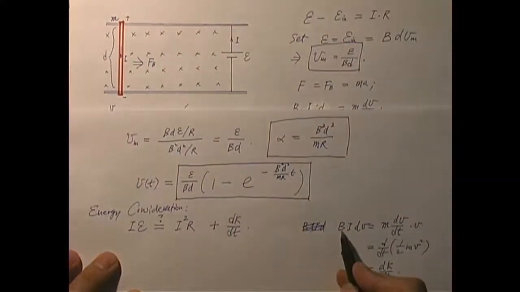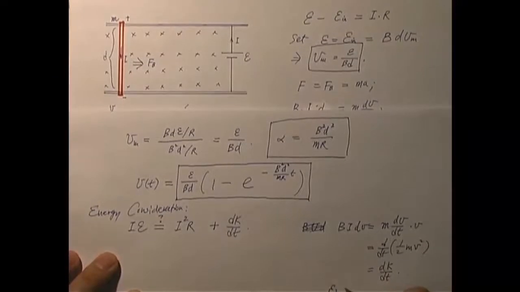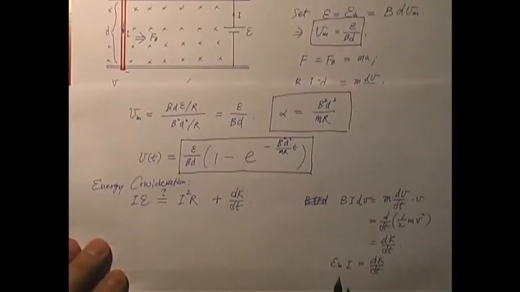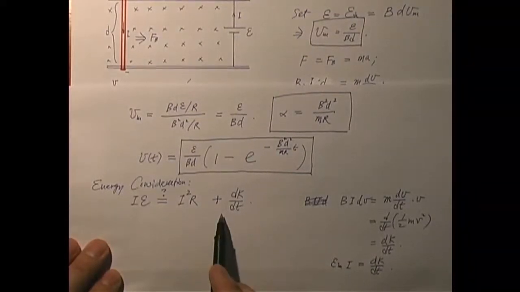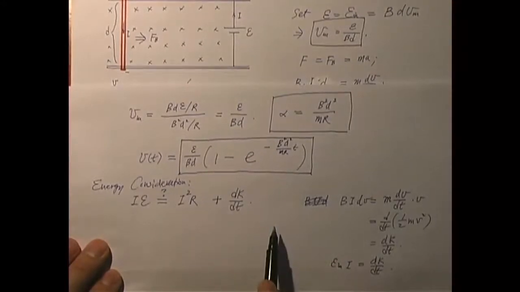So I can write this BVD as epsilon induced. Epsilon induced times I equals dK/dt. So dK/dt can be replaced with epsilon induced times the current. Now, can you see if this formula is valid?